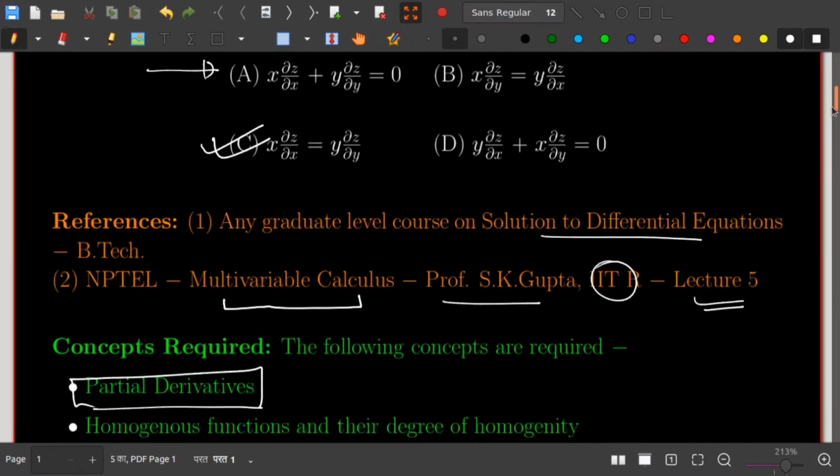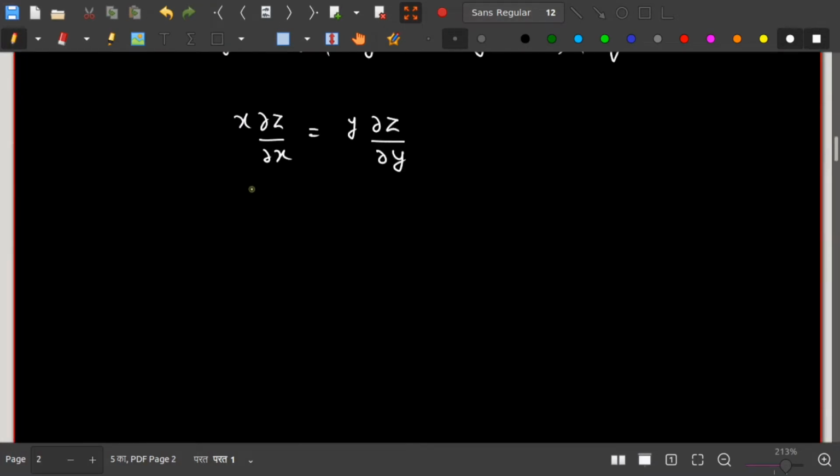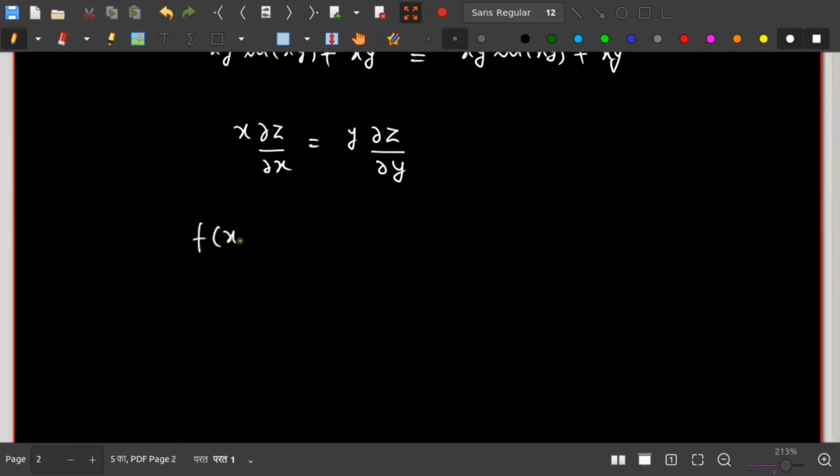So what is it? When you have a multivariable function, say of x1, x2, and so on till xm, you check this particular thing.